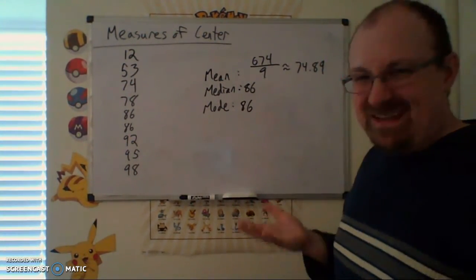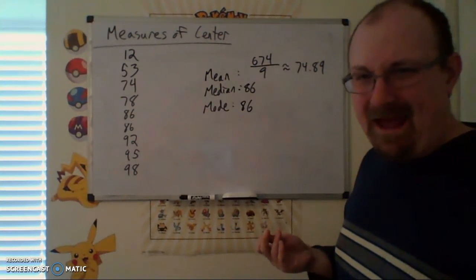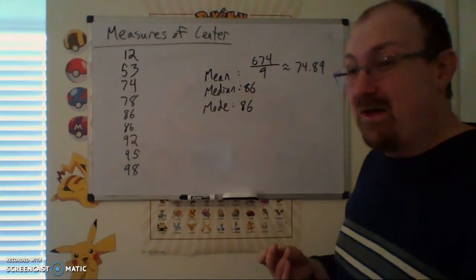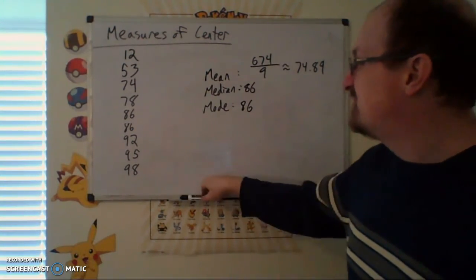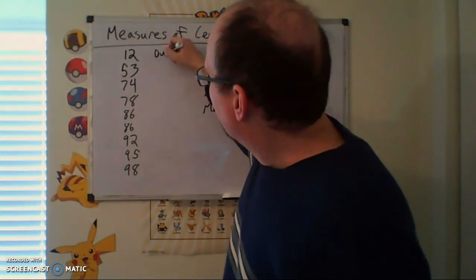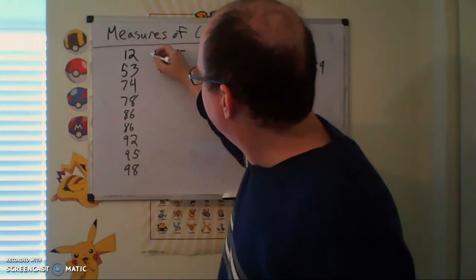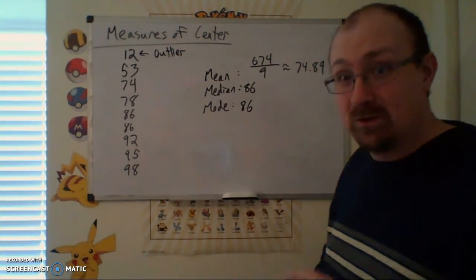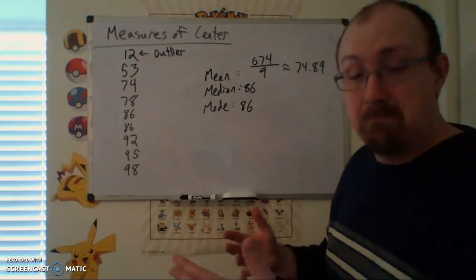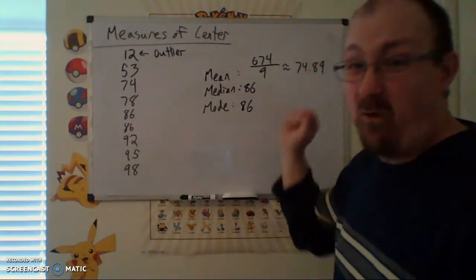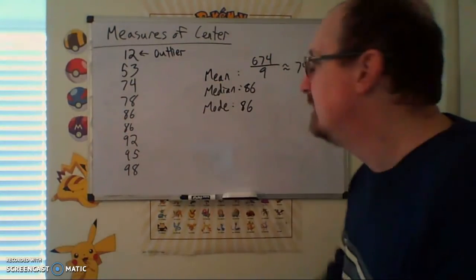So that's kind of the issue where means end up having a bit of a problem here, because it turns out of these three measures of center, the mean is the one that is most sensitive to weird edge cases like this. So this is an example of what you might call an outlier for a data set, a data value that's really far removed from the bulk of the data. Like if you were to plot these things out on a number line, this 12 is way far away from the others, right?